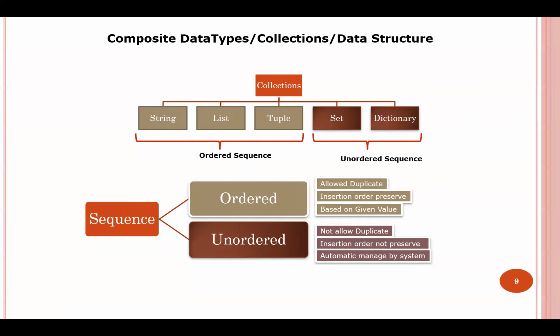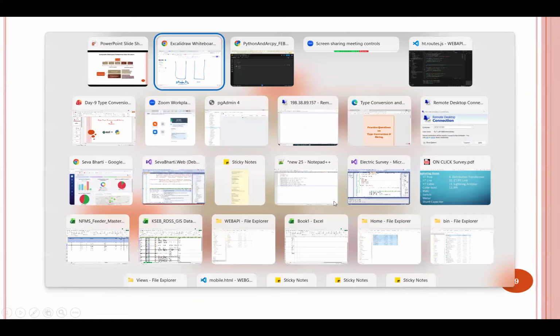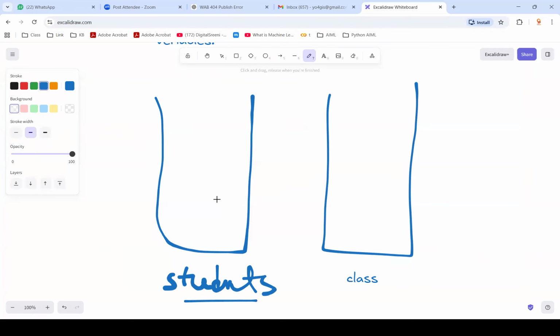The second important thing is that when we are working with the ordered sequences, these three, string, list and tuple, insertion order is preserved. What is the meaning of this? Please try to understand. I will try to explain in the best way. Let's suppose this is one collection type of variable.